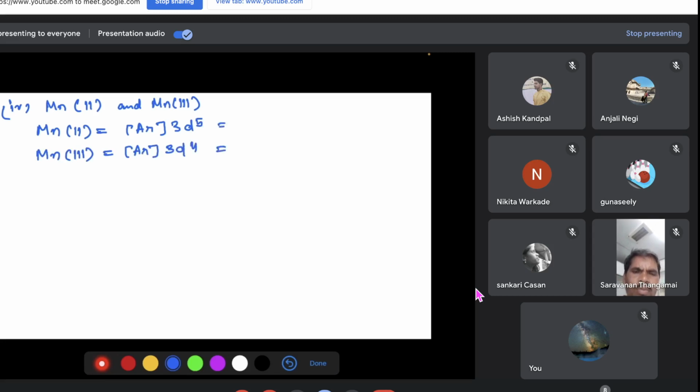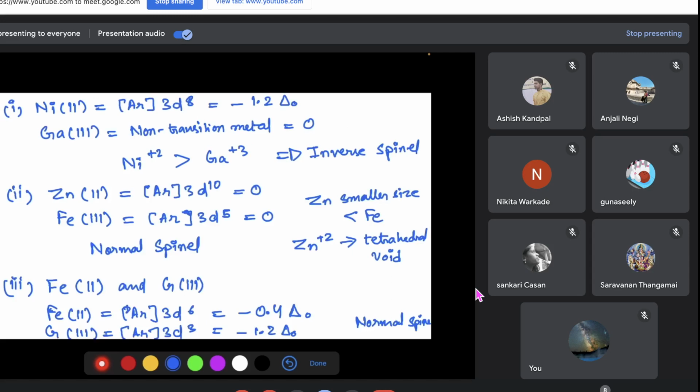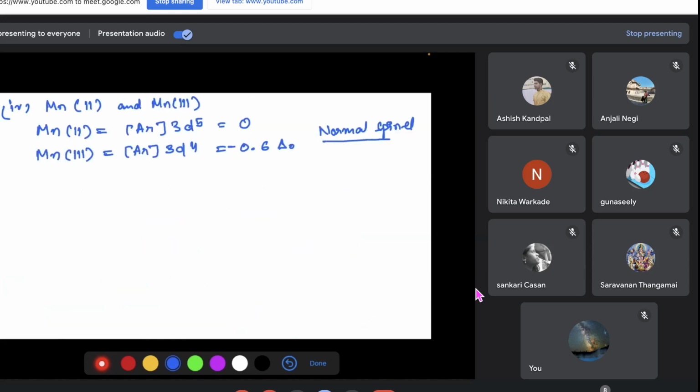So this becomes CFSE equal to 0, and d4 is 0.6. Okay, so again this one is a normal spinel, because it has a higher CFSE.